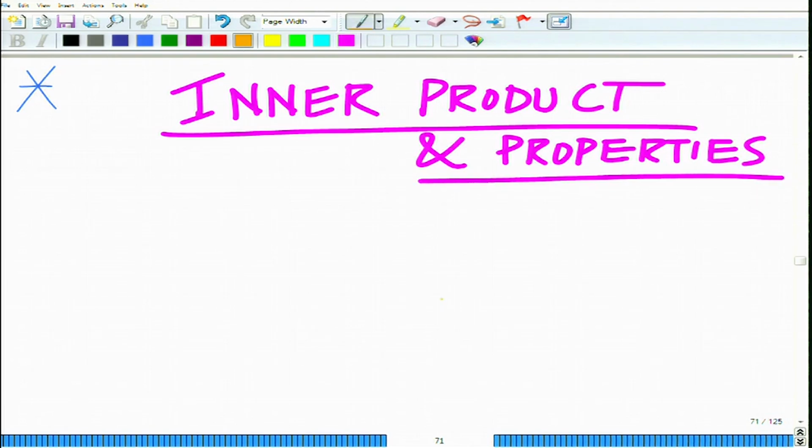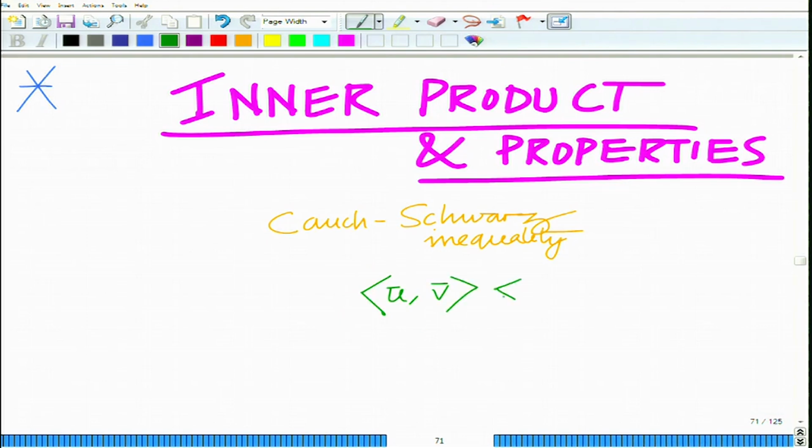And in particular, we have looked at the Cauchy-Schwarz inequality, which states that the inner product of two vectors u bar comma v bar is less than or equal to norm u bar times norm of v bar.